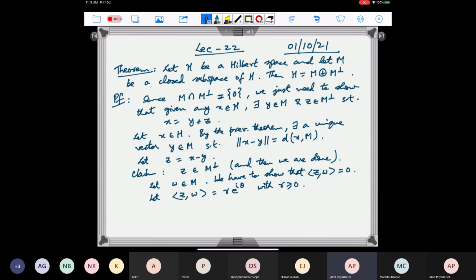So we will see how to show r equal to 0. We have r greater than or equal to 0. If we can also show that r is less than or equal to 0, then it will follow that r is equal to 0. So we got this r and theta.